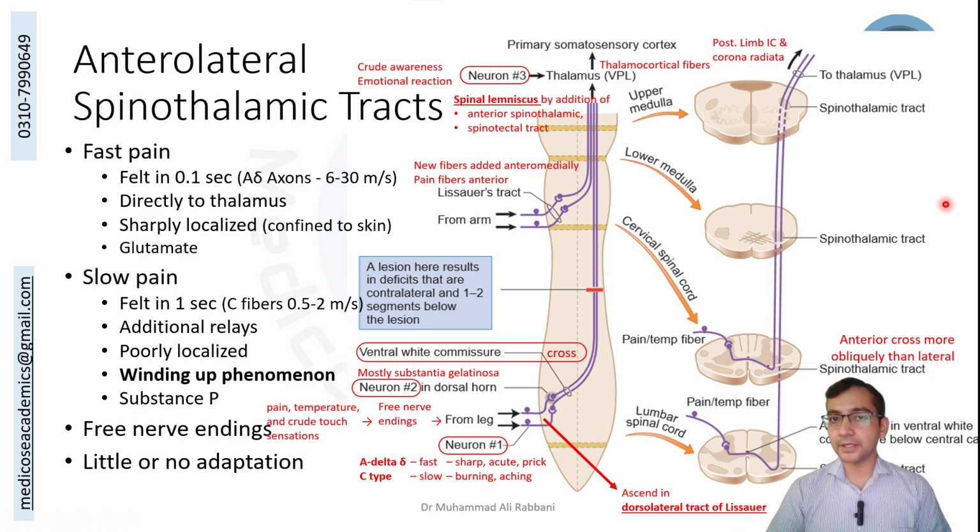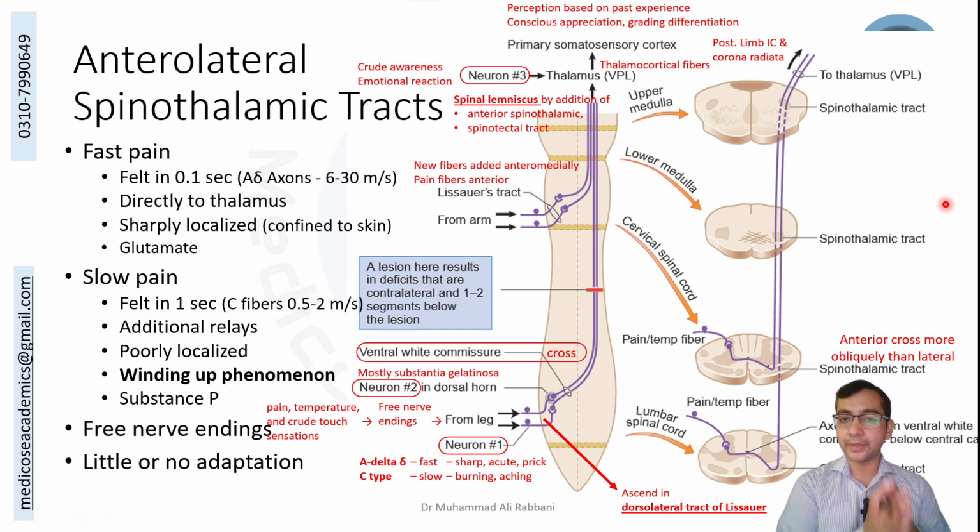It will move through the internal capsule and the corona radiata until it reaches the cortex. And here the brain relates this signal with past experience, and you understand what that pain is, what that sensation is. You consciously appreciate it, you localize it, you grade it, you differentiate its different grades.